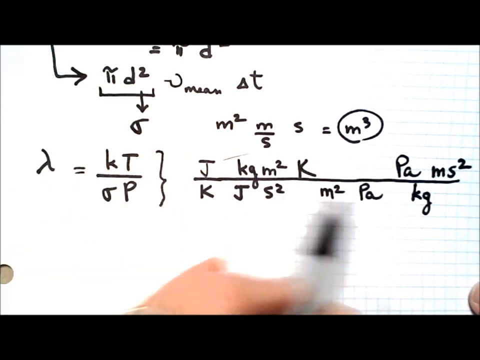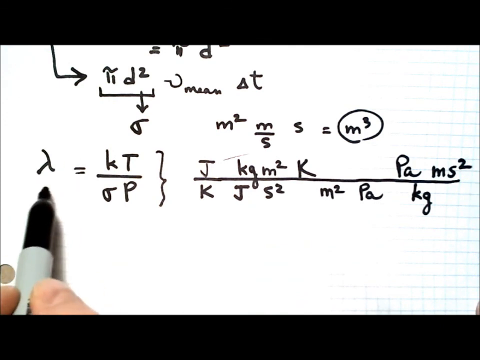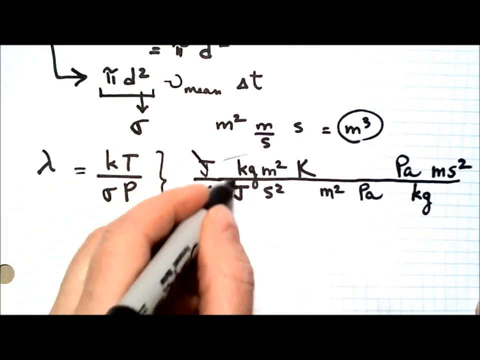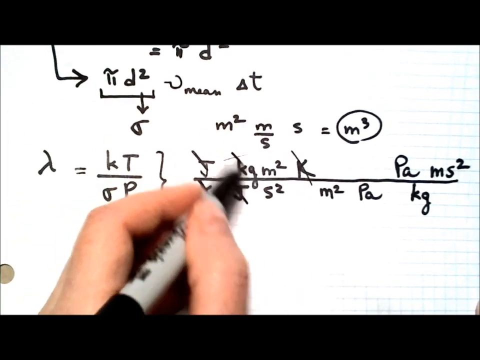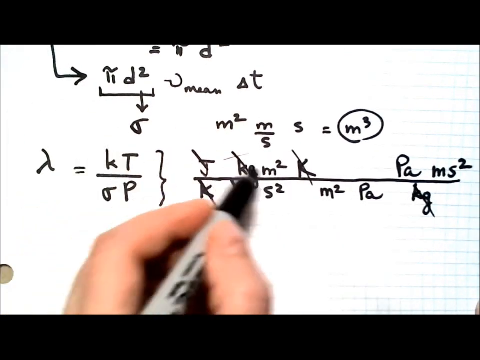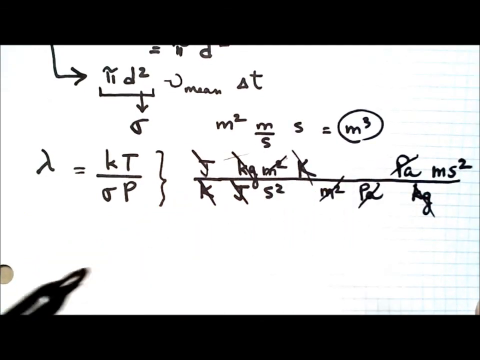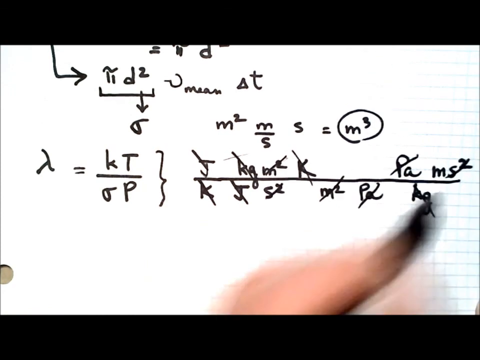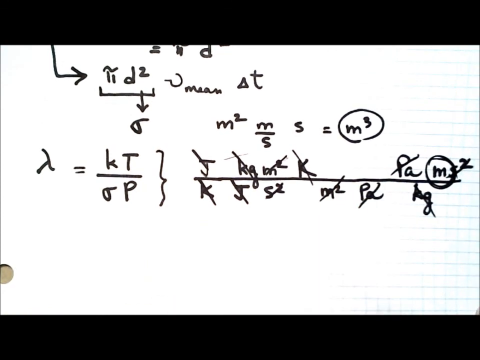I'm hoping that all of these units are going to cancel and just give me a unit of distance, meter. So joule, joule, Kelvin, Kelvin, kilogram, meters squared, Pascal, second squared, and there's my meter. Perfect. So you know you're well on your way when this happens.